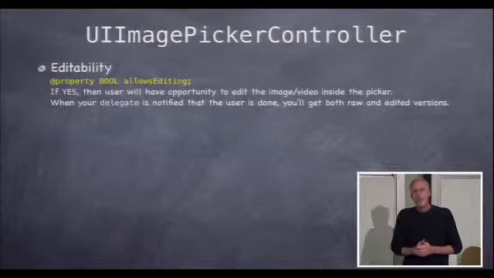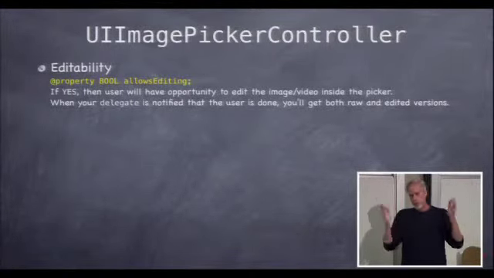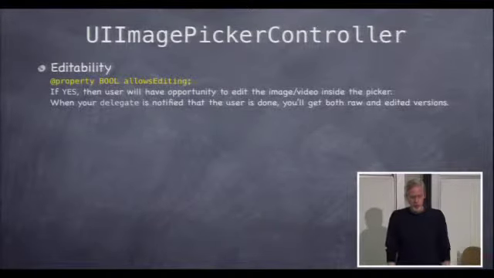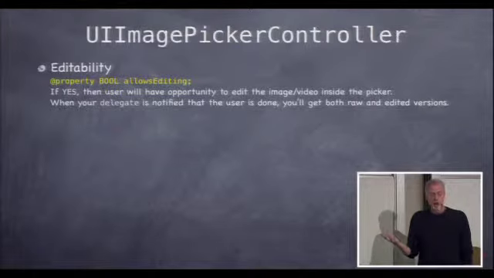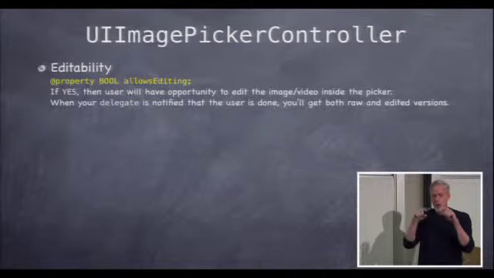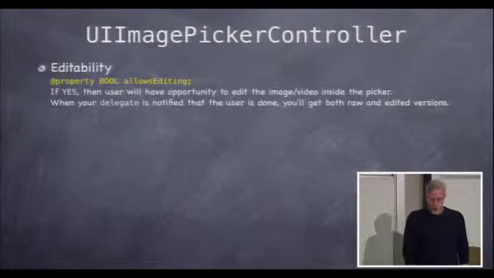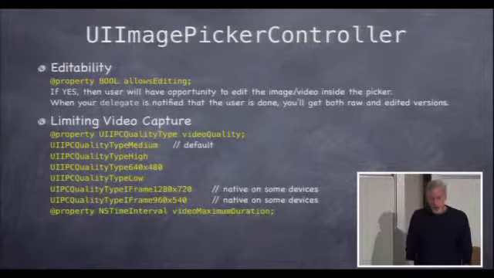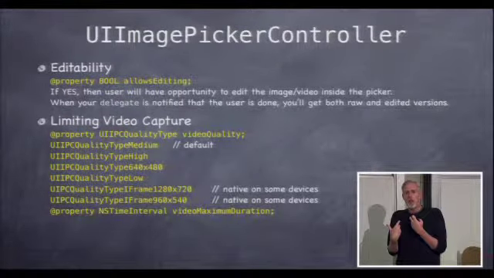OK, editability. So you're configuring a picker to show up and ask the user for something. If you're using the camera, or even the photo library, I think, you can allow the user to have a UI to edit it. Zoom in on it, move around to pick what rect they want to crop to, et cetera. And we'll see that in the demo. You can also limit the amount of data you grab with the video capture, right?